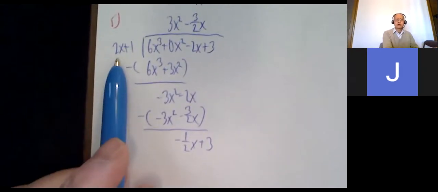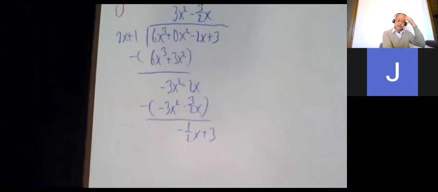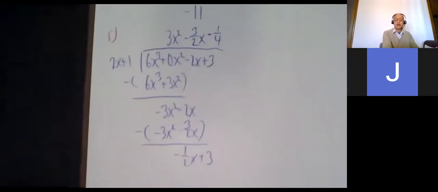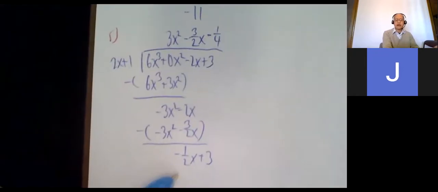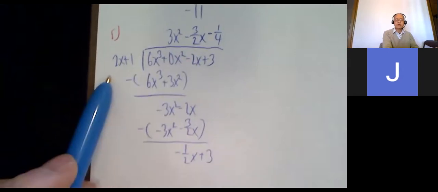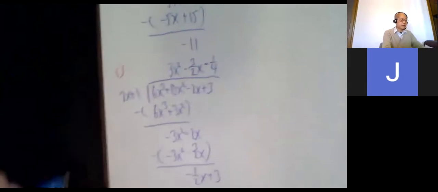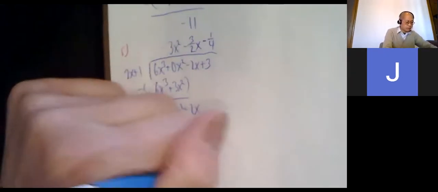What do you multiply 2 by to get negative 1/2? 2 times what number is negative 1/2? It's negative 1/4. 2 times negative 1/4 is negative 1/2. Now negative 1/4 times this whole thing. Negative 1/4 times 2x is negative 1/2 x. Negative 1/4 times 1 is negative 1/4.